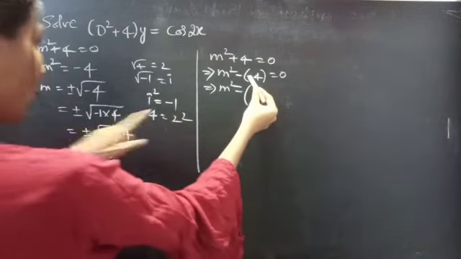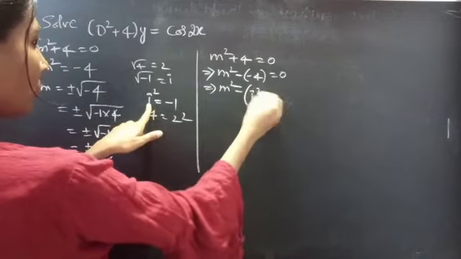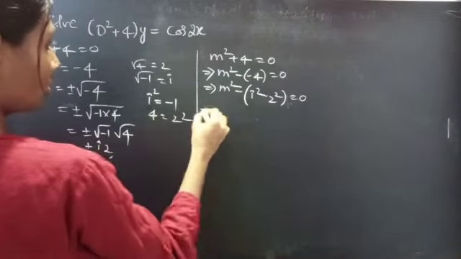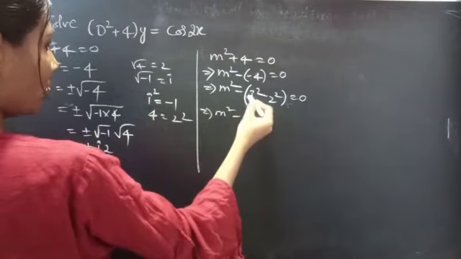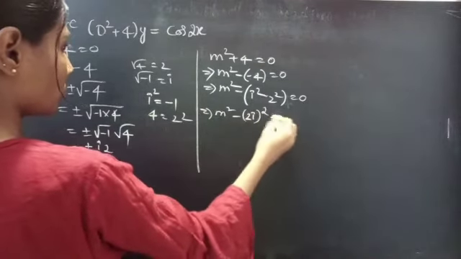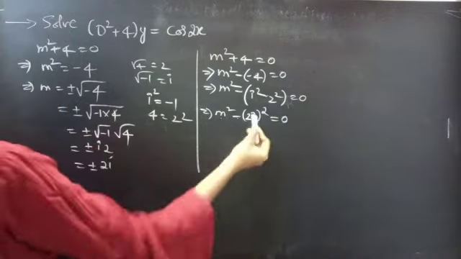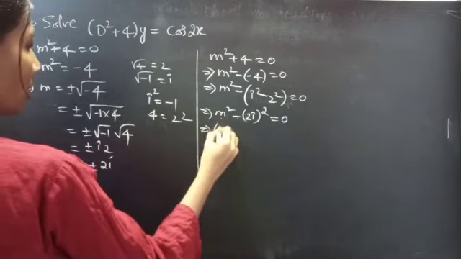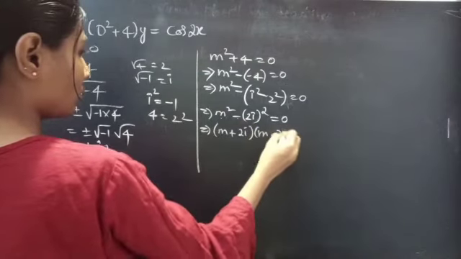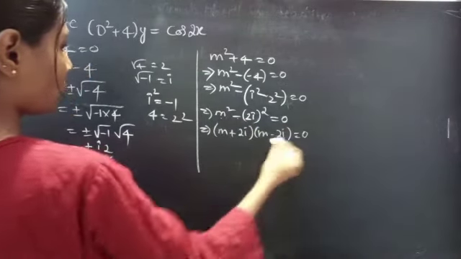Then you can write minus 1 as i square, and you can write 4 as 2 square. And we can write i square into 2 square as (2i) whole square, so m square minus (2i) square equals 0, which is in the a square minus b square form. So you can write it as (a plus b) into (a minus b). Now equate each factor to 0.